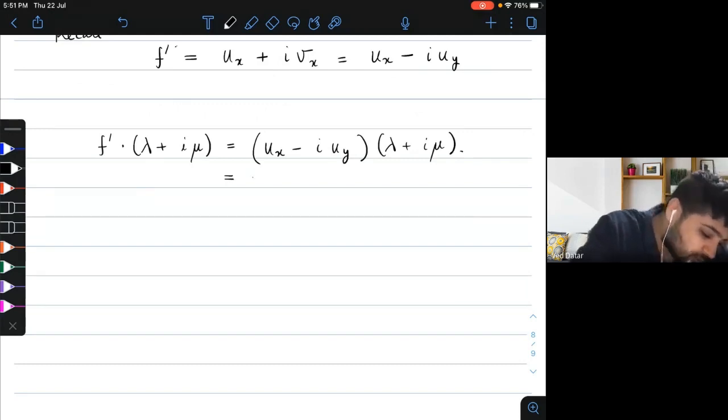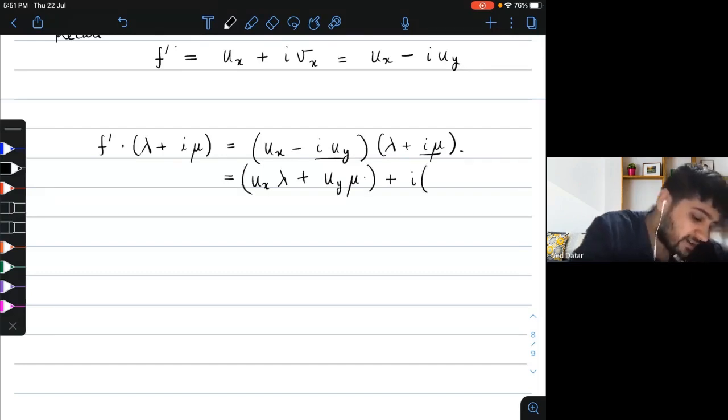Okay, so let's do this calculation out. This is ux lambda. You have a minus i uy times this, so plus uy mu, and then plus i times minus lambda uy plus mu ux.